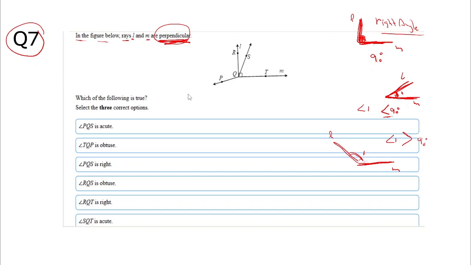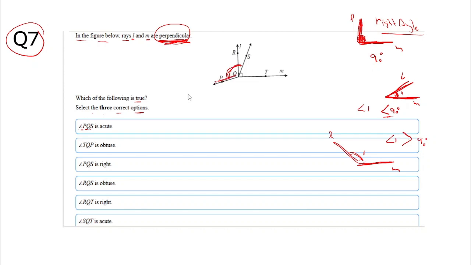Which of the following is true? Select the three correct options. Okay. Angle PQS. This is the QS. You see? PQS.